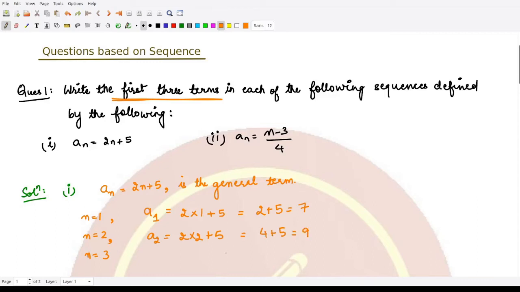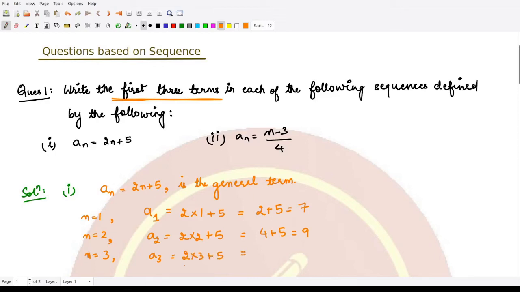The next term of this sequence, let's see what it is. Here the next term is a3 with n is equal to 3, right? So for a3, in the general term, in place of n, we will be writing n is equal to 3. So what do we have here? We have 2 into 3 plus 5.